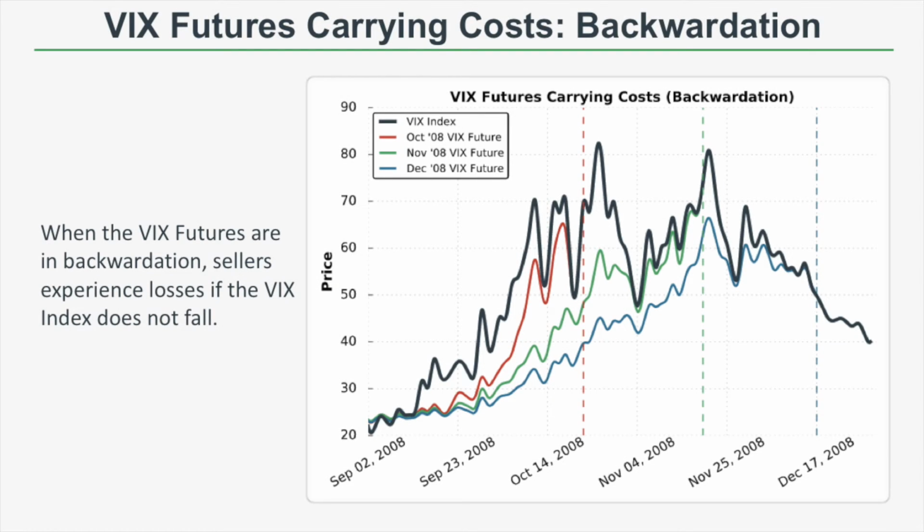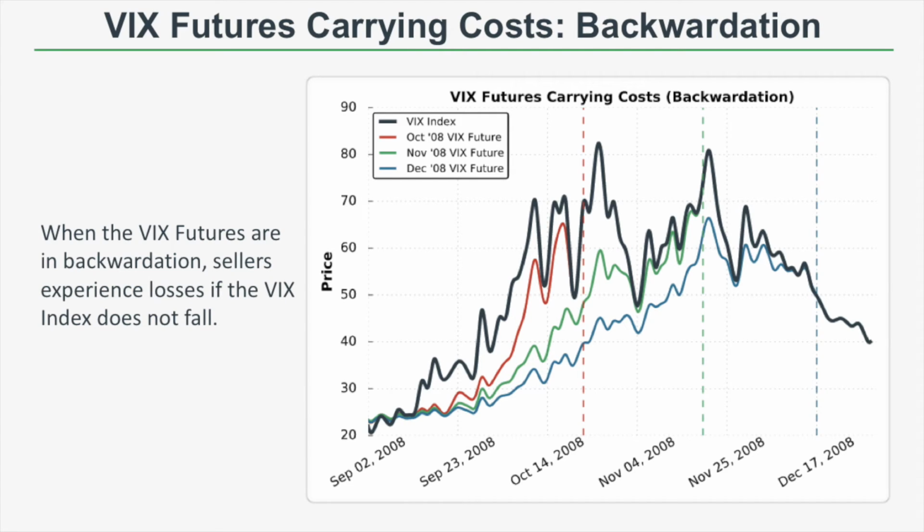Now let's look at the VIX futures carrying costs when the curve is in backwardation. Backwardation means that near-term VIX futures contracts are more expensive than longer-term VIX futures contracts. Backwardation typically occurs when market volatility is extremely high because people expect volatility to come down at some point in the future, and therefore the VIX futures with longer maturities will trade at lower and lower prices.